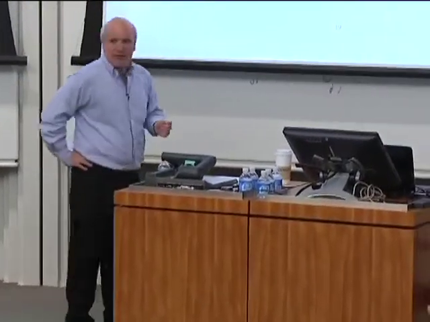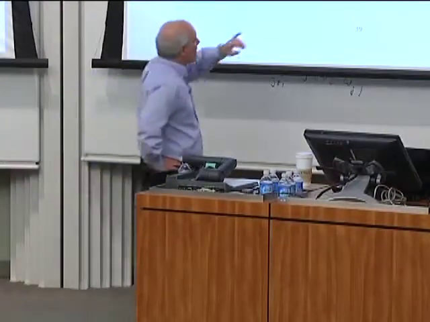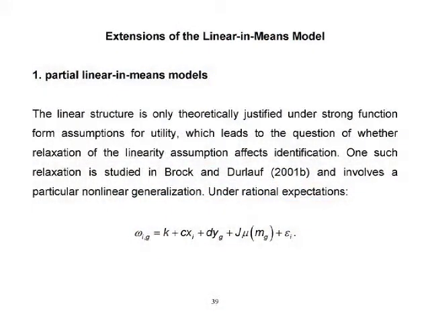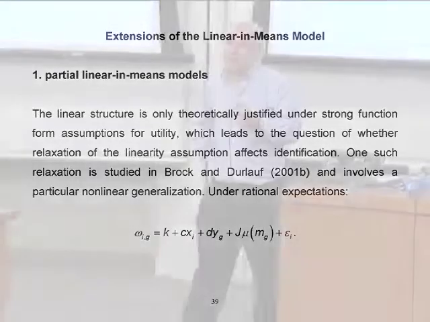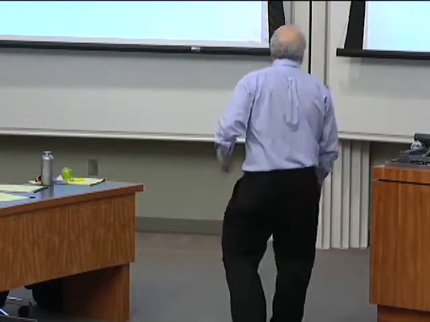The second message is the following: there is something special about the linear-in-means model with respect to linearity. So consider a partial linear-in-means model. It's not an uncommon thing in econometrics where people estimate partial linear models. You may not think it's the mean, it's some transformation of the mean. It may really matter whether the mean is below a threshold or above a threshold, et cetera.